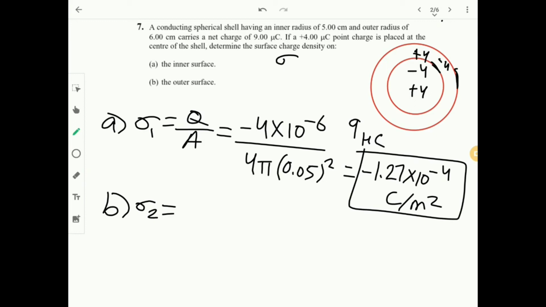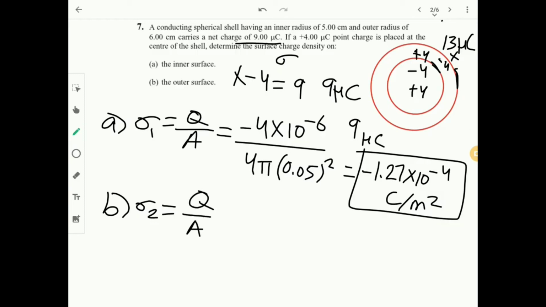Since we know that the net charge has to be 9 microcoulombs, the sum of this and x has to be 9. x minus 4 equals 9, x is 13. So we have a 13 microcoulomb charge on the outside, so that our net charge is 9. So again, using Q over A, 13 times 10 to the -6.